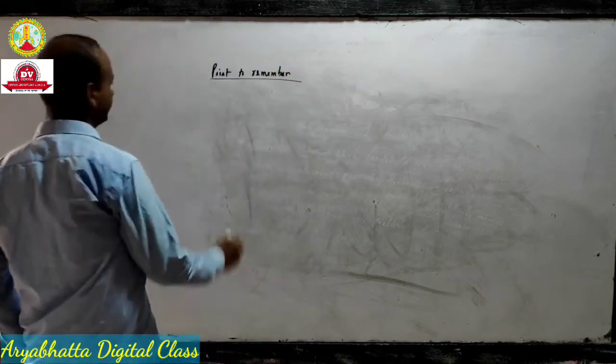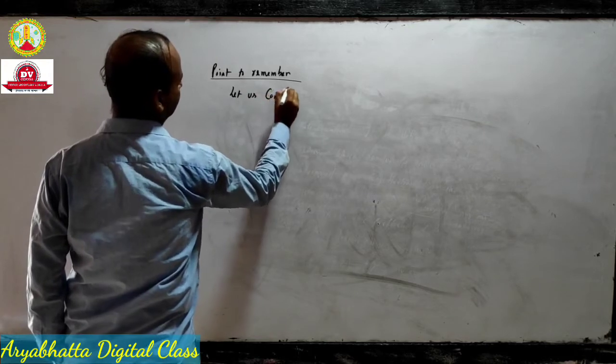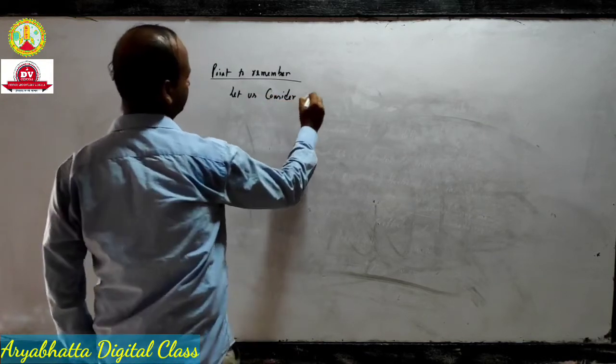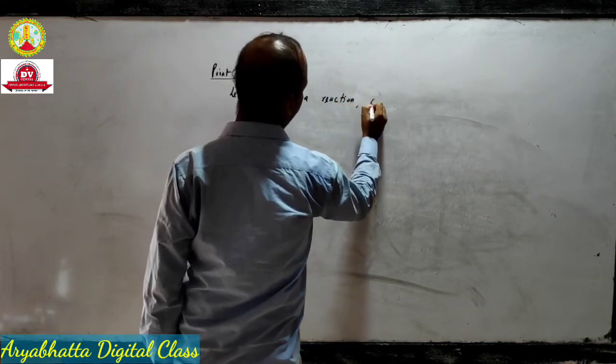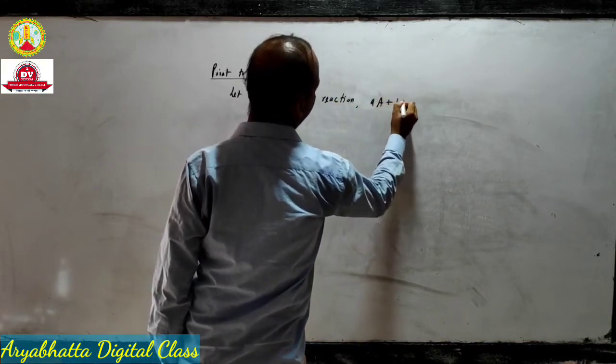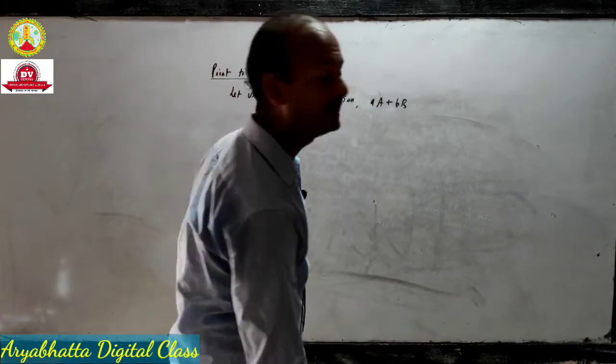Let us consider a reaction. Suppose this is the reaction: small a capital A plus small b capital B gives small c capital C plus small d capital D. These small a and small b are the coefficients you get after balancing the equation.